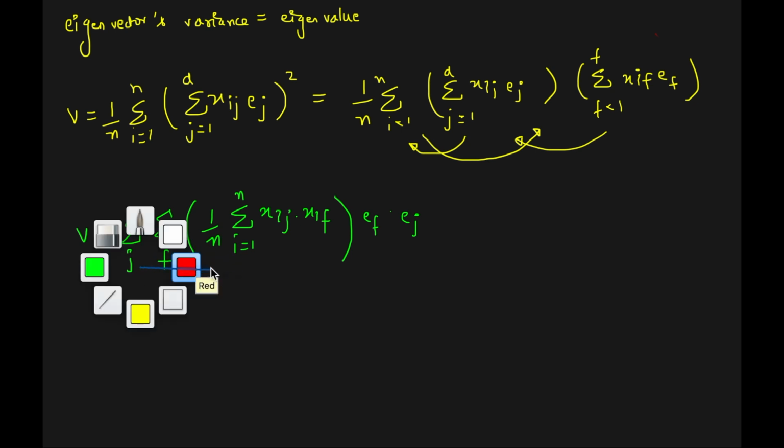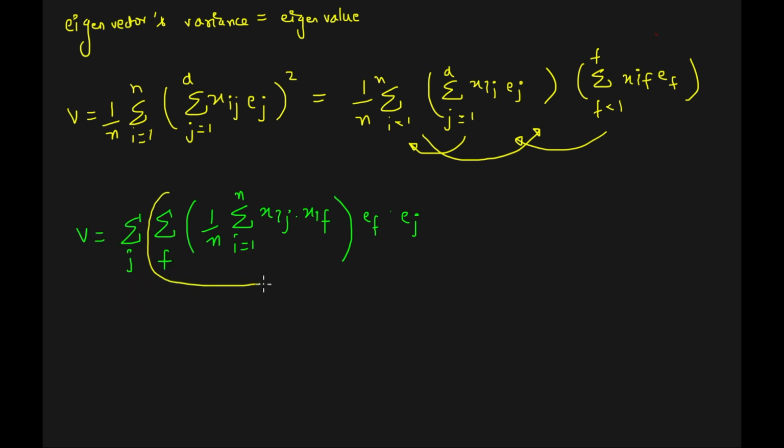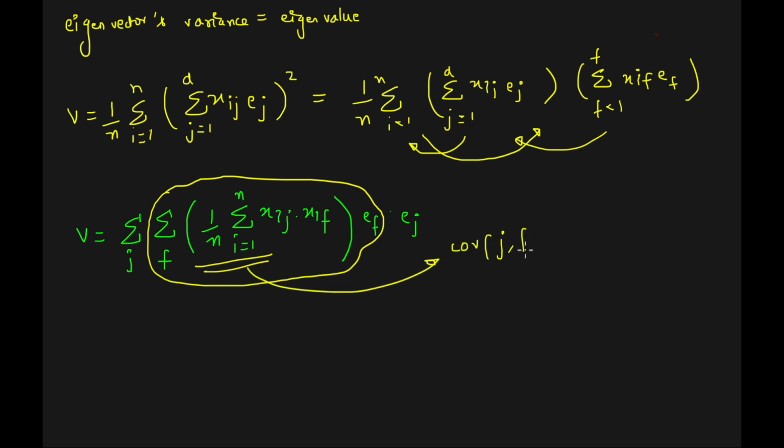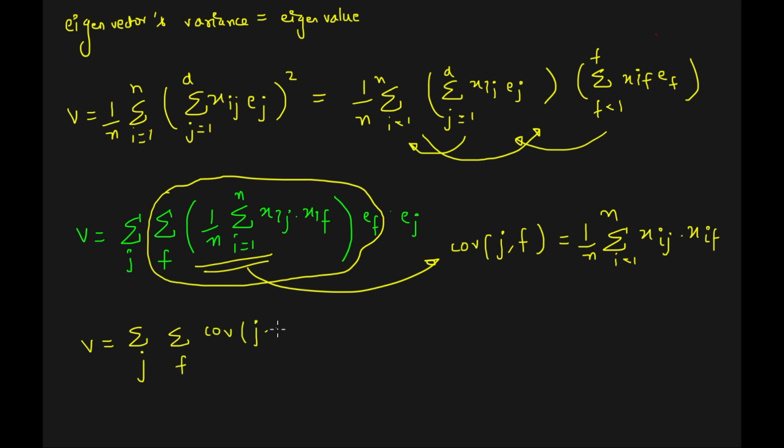Now we got a pretty interesting term. First consider this term. This term is the covariance of j and f, which is x_ij into x_if. So this becomes v equal to summation over j, summation over f, covariance of jf multiplied by e_f e_j.